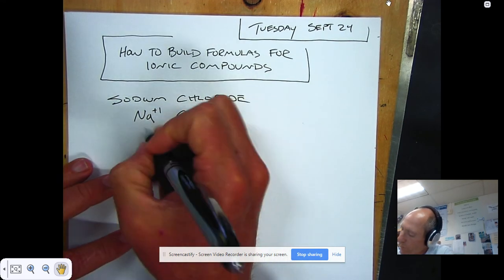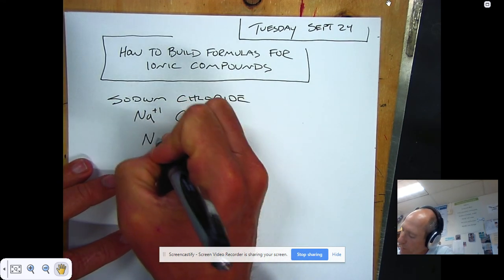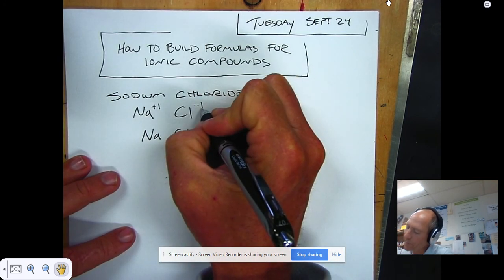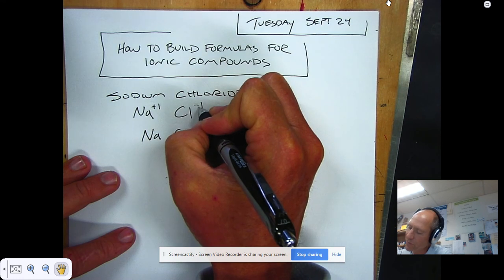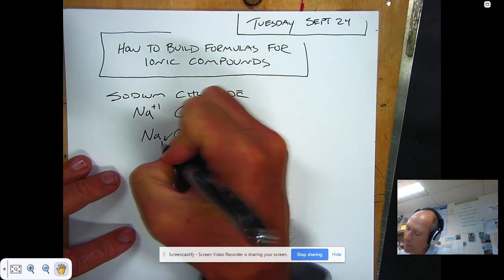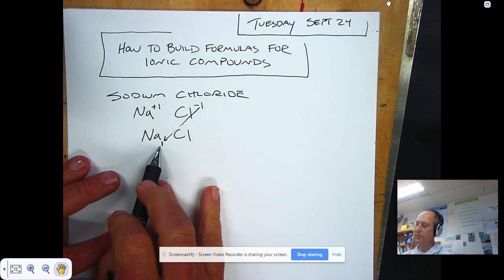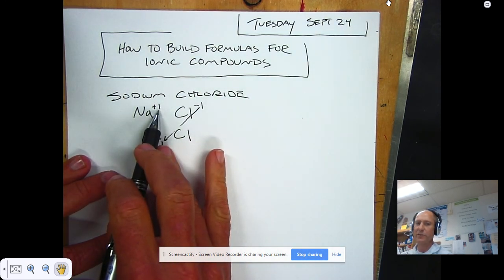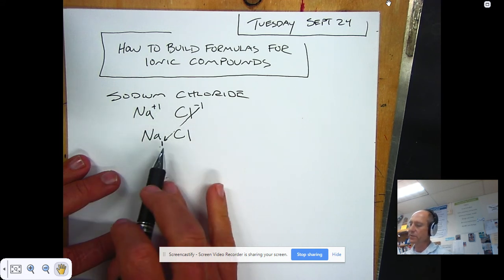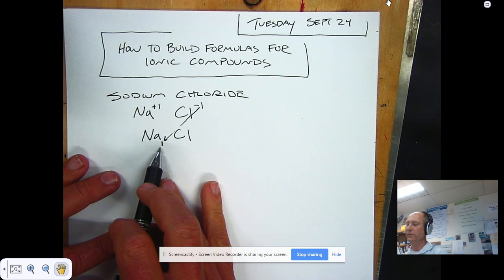So to figure out the formula, what we're going to do is we're going to write it over again like this, and we're going to take the absolute value of this number right here, which is 1, and we're going to bring that number down here into the subscript position. This is the superscript position up here in the top right. That indicates charge. This is the subscript position down here in the bottom right.